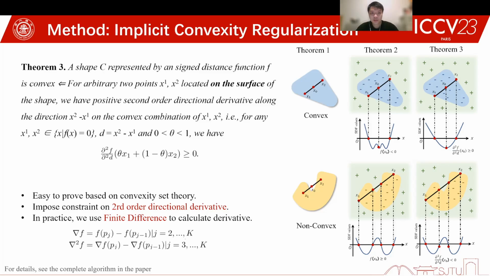It is easy to prove that theorem 3 is a sufficient condition of theorem 2. Instead of imposing constraint on output SDF value, we impose constraint on second-order directional derivative. In practice, we use finite difference to calculate derivative. A complete algorithm is presented in the paper.